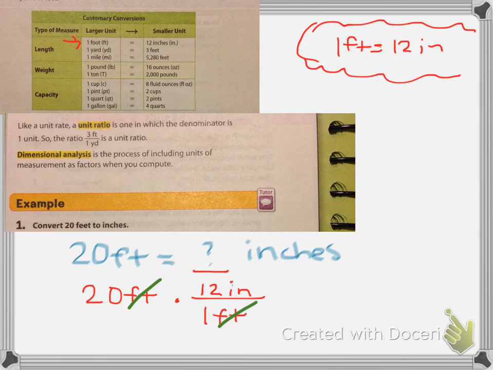So notice the terminology feet is gone. Now we're just going to multiply straight across, 20 times 12, and that gives us 240. Notice the only unit of measurement we have left that's not crossed out is going to be inches. So the answer to our problem is 20 feet equals 240 inches.